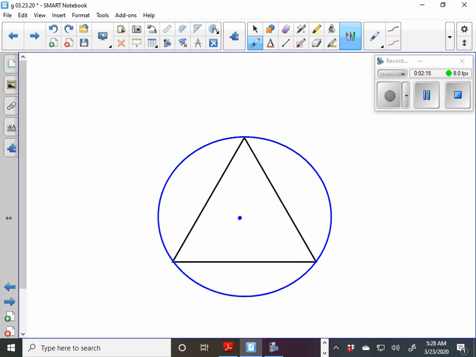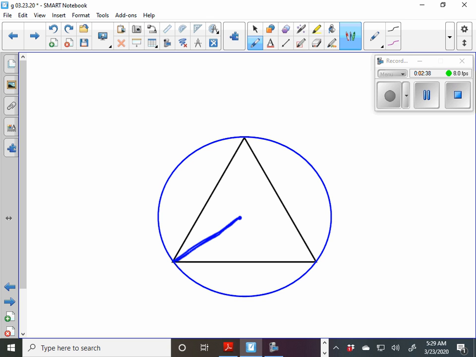The radius here is defined as that length from the center of the circle to the vertex. So they're going to talk about the radius of a circumscribed triangle, things like that.